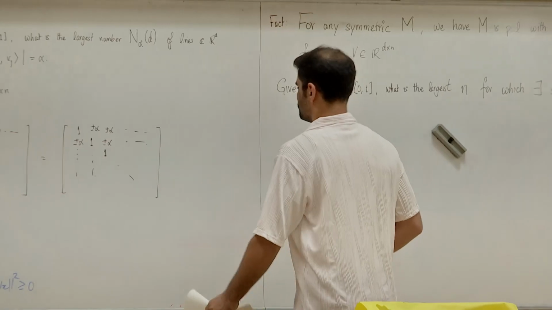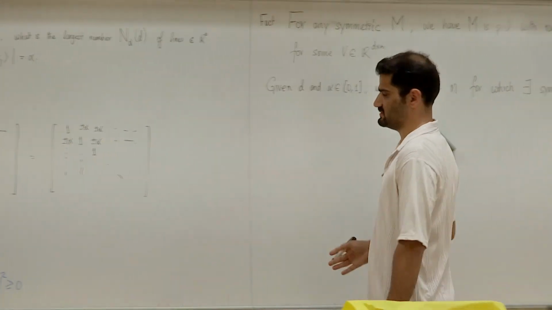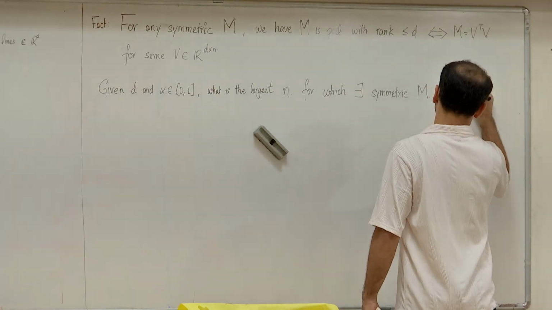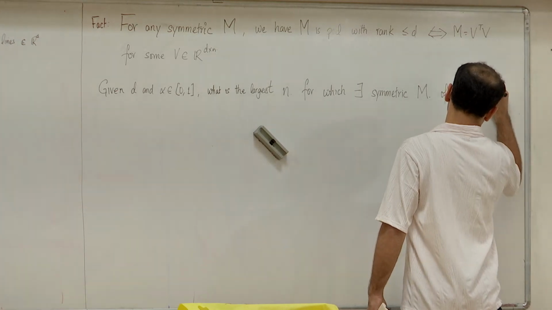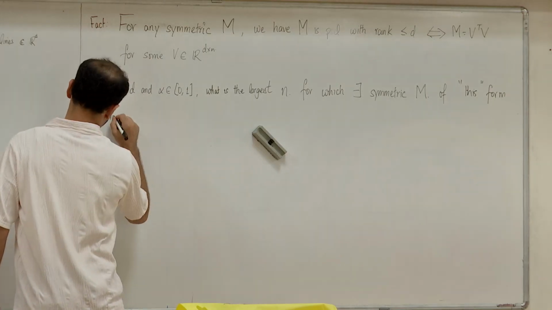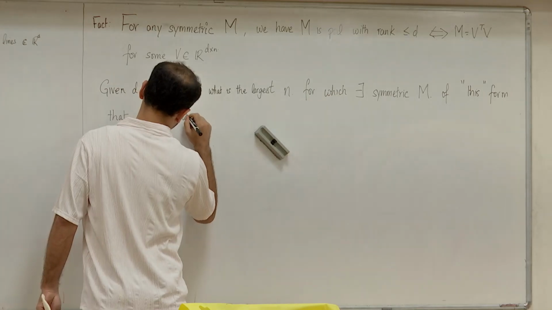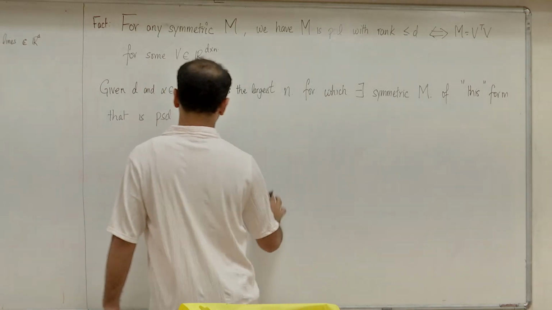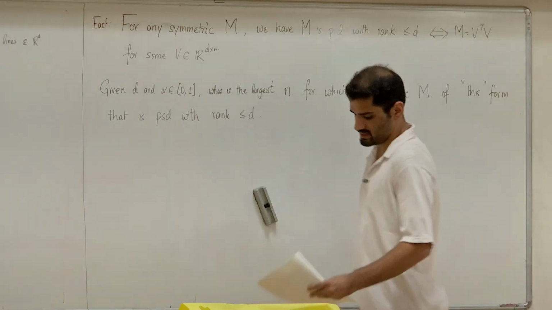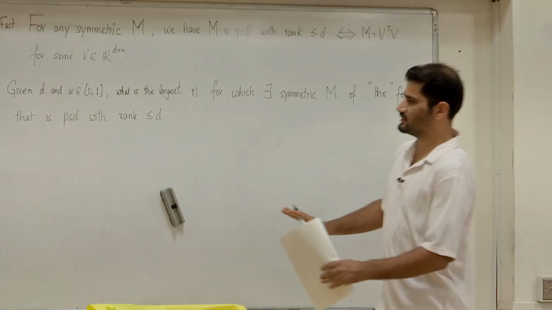I don't know how to call it, but whenever I say "of this form," I mean it has ones on the diagonal and plus or minus alphas outside. Okay, it's the same question. That's what I want to say.